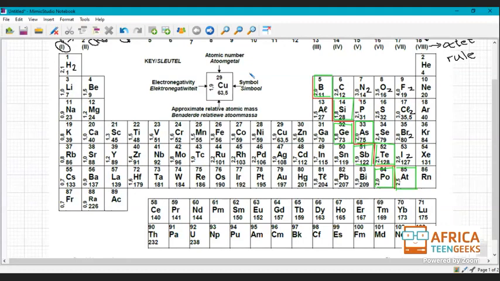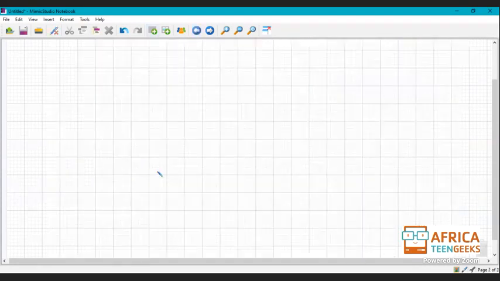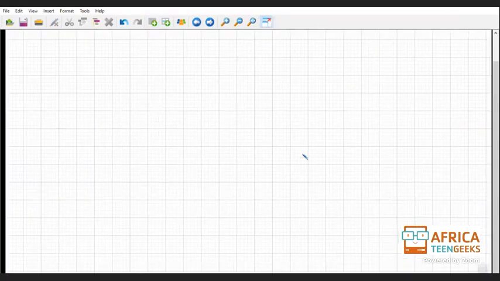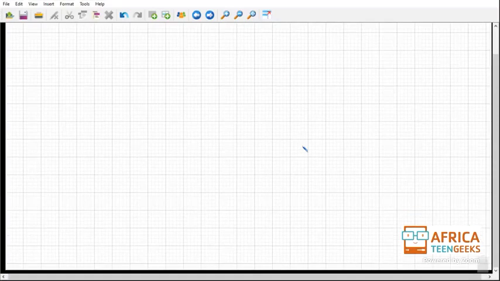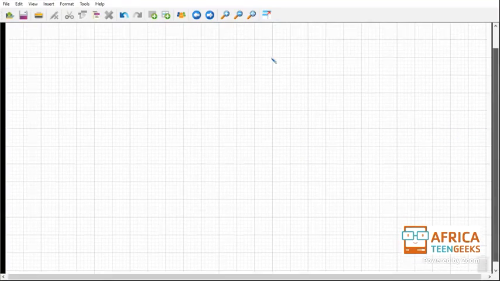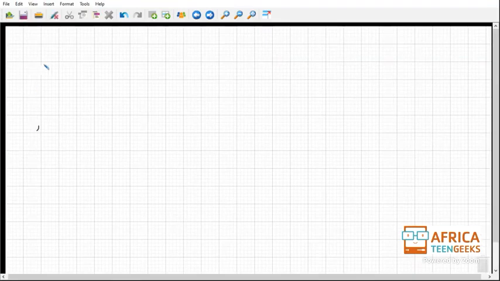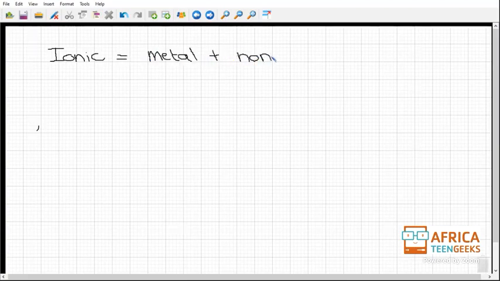Right, so let's add a page and let's start thinking. Here we go. Most important thing: ionic bonds or ionic compounds are metal plus non-metal.